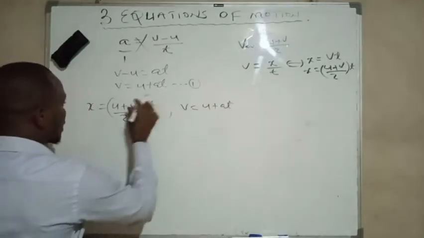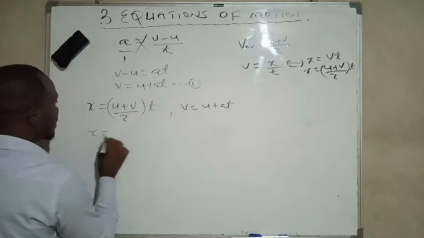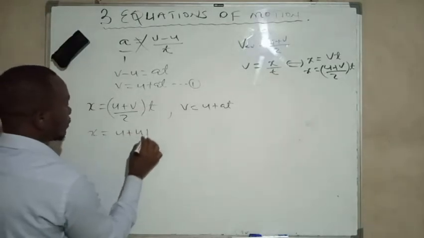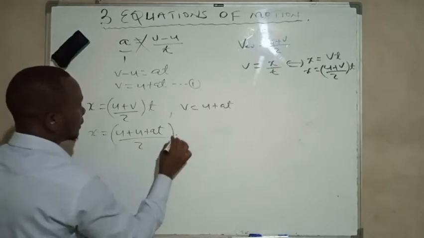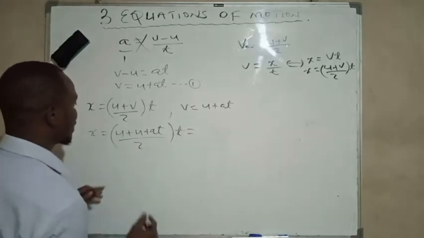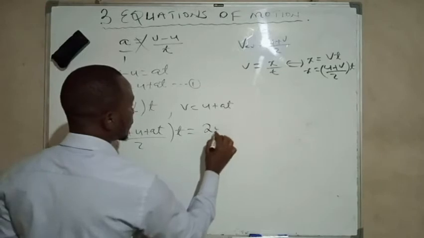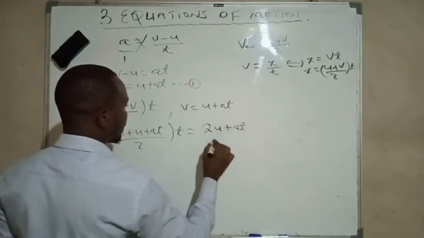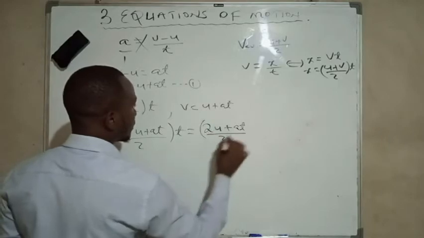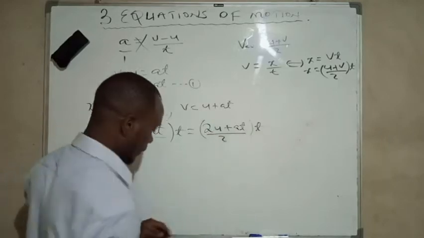So if we put this into this, we're going to have x is equal to u plus u plus at over 2 times t, which will give us 2u plus at over 2 then times t.